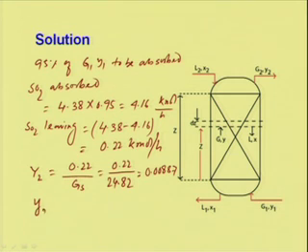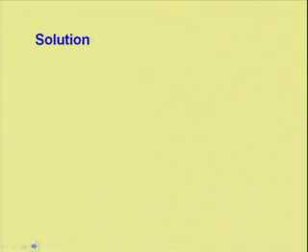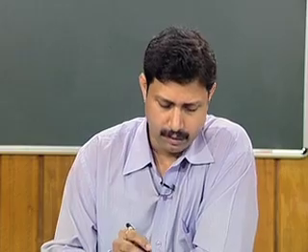And small y2 we can calculate as capital Y2 by 1 plus capital Y2, which is 0.00887 divided by 1 plus 0.00887, which equals 0.0088.